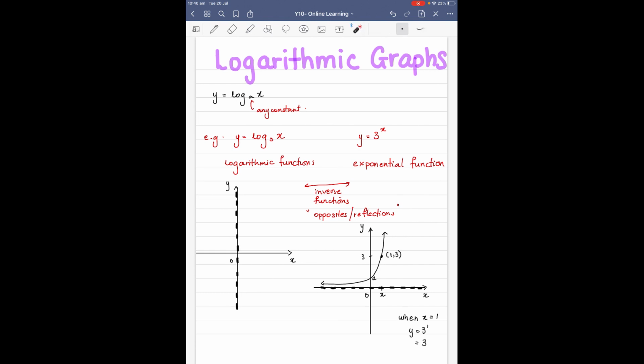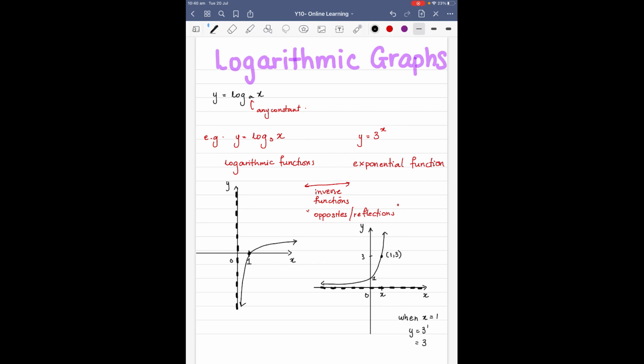Now, for an exponential, see how it cuts through at 1 on the y-axis. Guess where it's going to cut through in the log graph? It's going to cut through 1 on the x-axis. If we were to draw this up, it would look something like this, very close to the asymptote. Once it hits 1, it's going to bend over, but it's increasing at the same time. And there you go. That's your log graph.